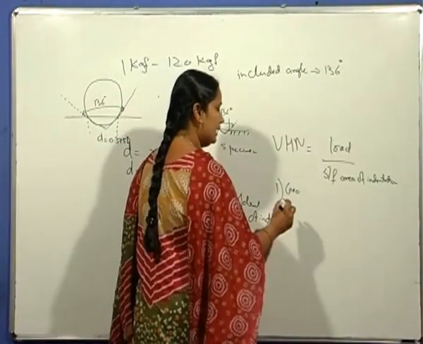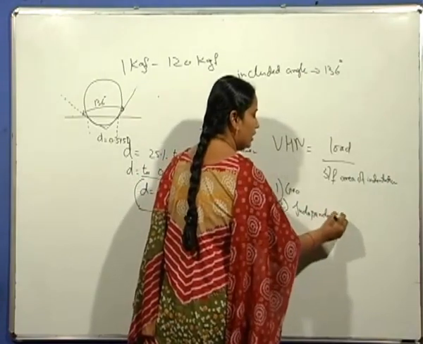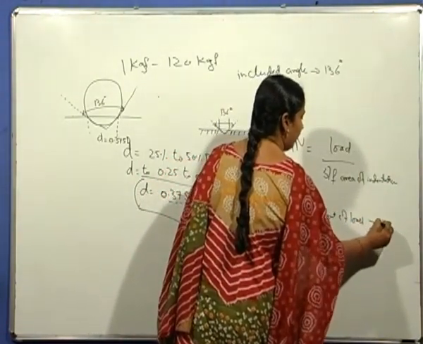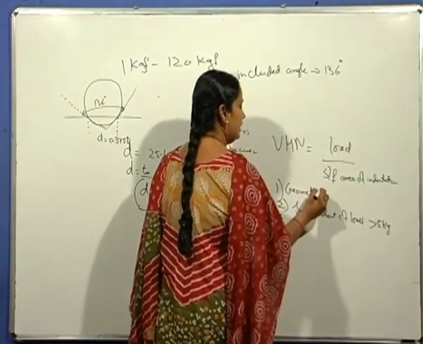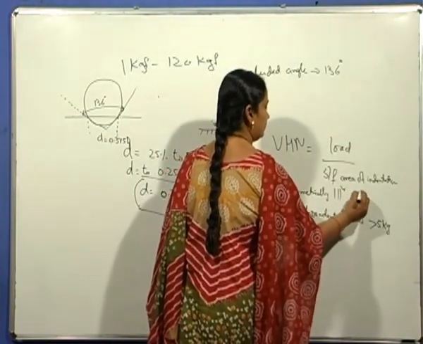So this is the second advantage, hardness values are independent of load for greater than 5 kg load, and geometrically similar indentations are produced by this method.